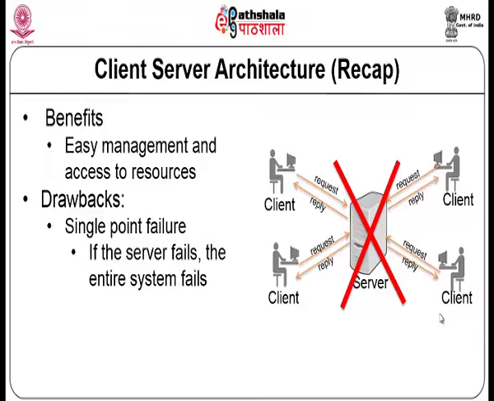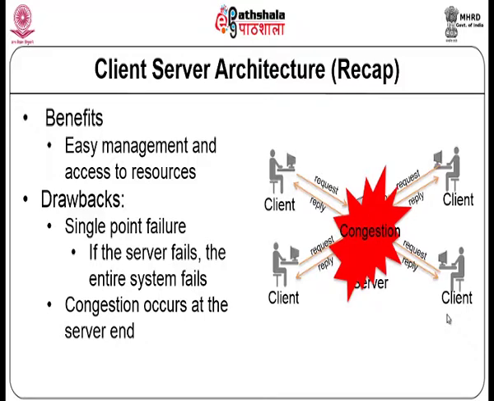Now, what are the drawbacks of this system? This is a single point of failure. What do we mean by single point of failure? As we have discussed at length during our distributed systems course, if the server fails, then there is no service that can be given to the clients. The clients have to wait for the server to come back up before they can continue. That is one problem.